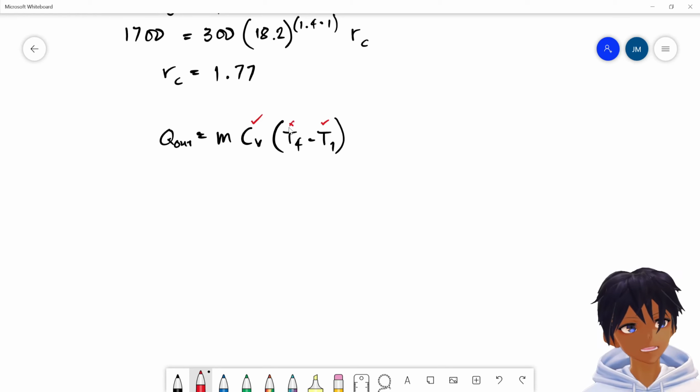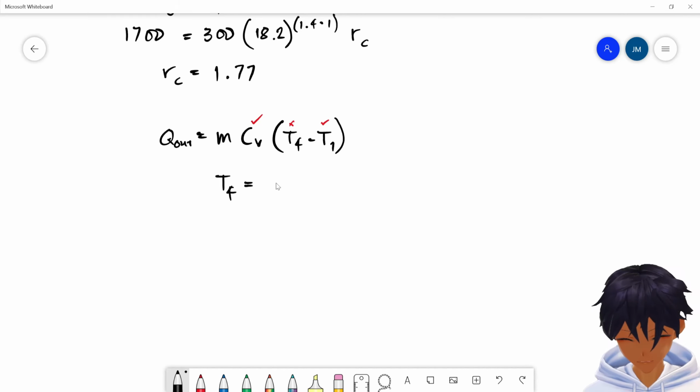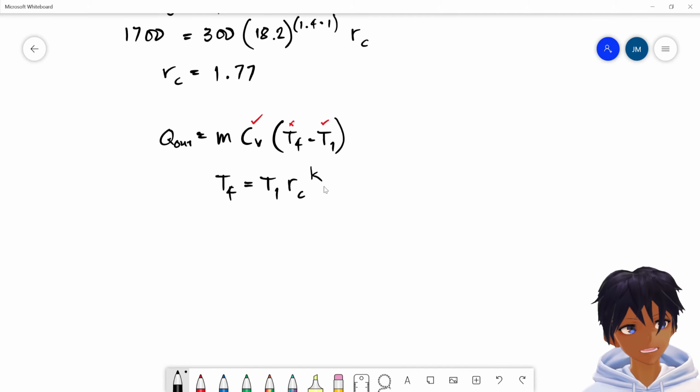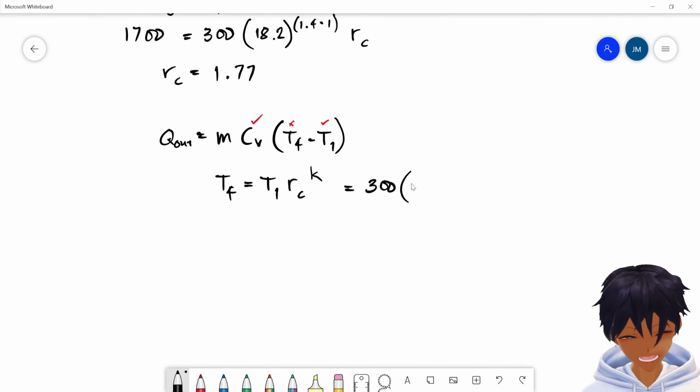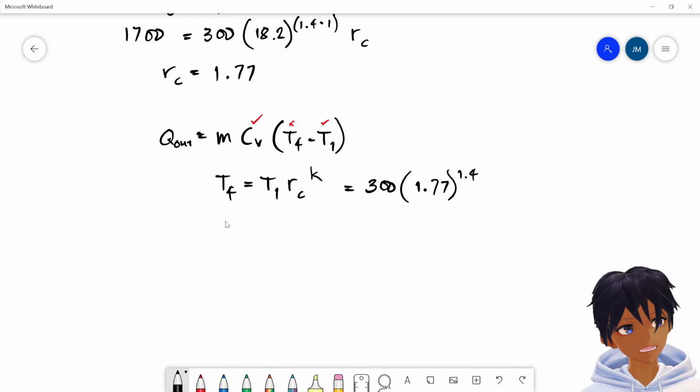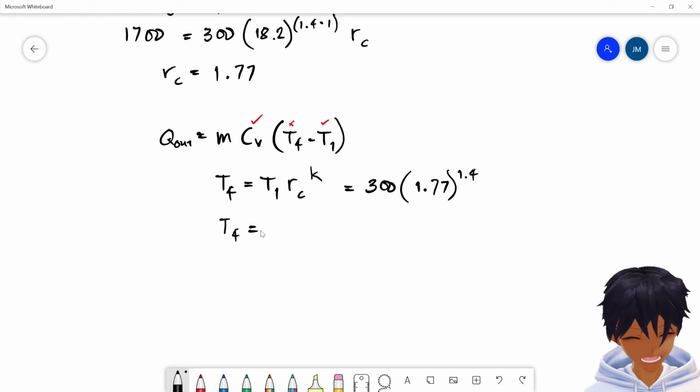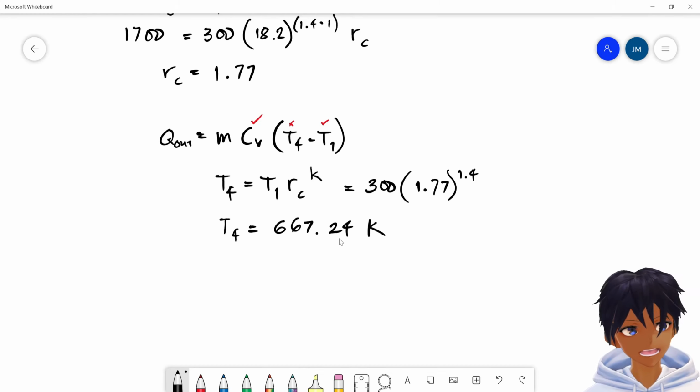And temperature 4, this is not given, but we can solve for temperature 4. For temperature 4, this is temperature 1, R sub C to the K. So 300 multiplied by 1.77 raised to 1.4. And temperature 4 is 667.24 Kelvin.